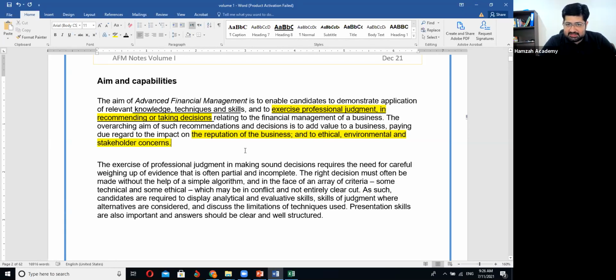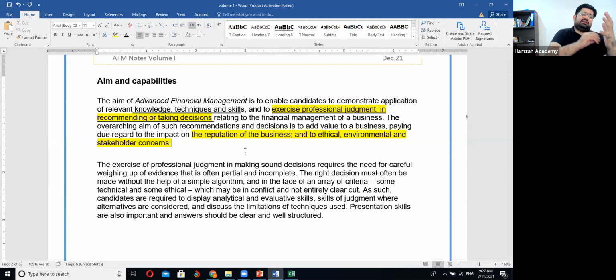You have to extract meaningful conclusions from the calculation, supported by other relevant ethical, reputation, and environmental issues. You have to, of course, consider that as well.